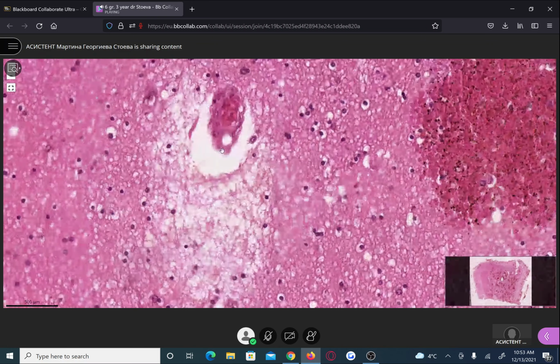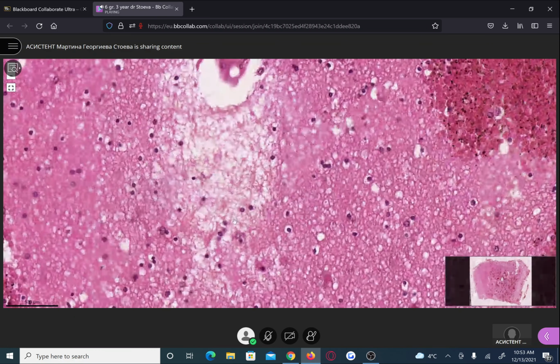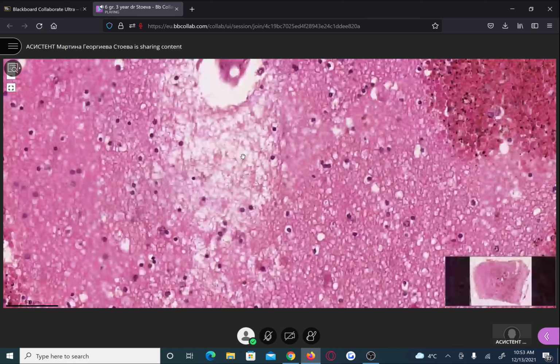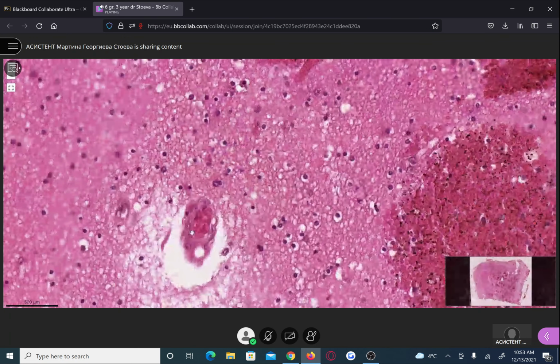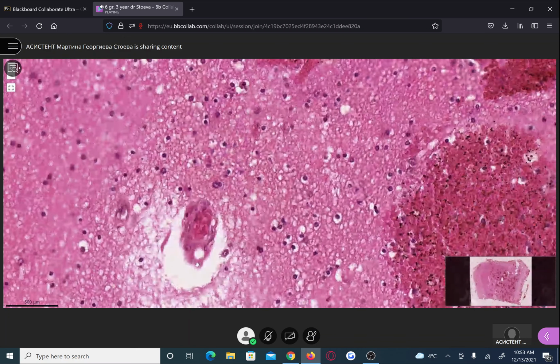And again, this clear space in between the fibrillar matrix of the brain is brain edema. Okay, and did you say that the artery was enlarged? No, it's not the artery that is enlarged, but the clear space around the blood vessel, because of the accumulation of fluid.